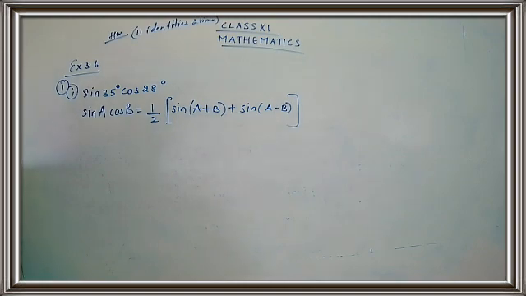So first of all, identify the identities. Now a very simple thing, we just have to substitute the values.